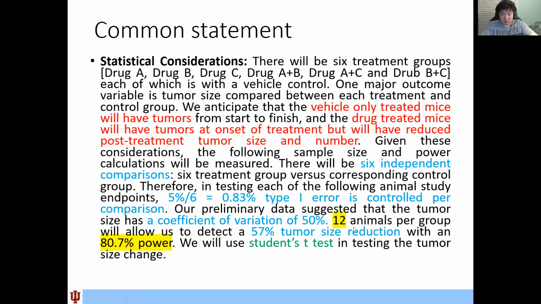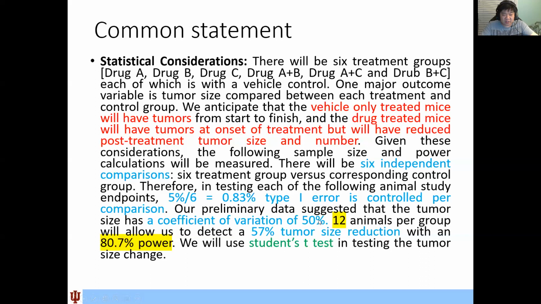And 12 animals per group will allow us to detect a 57% tumor size reduction with 80.7% power. Here, the 0.83% type 1 error is the statistical significance level, which is the alpha type 1 error level.